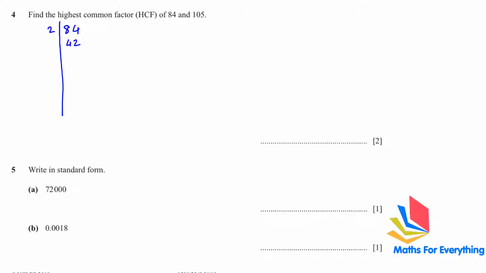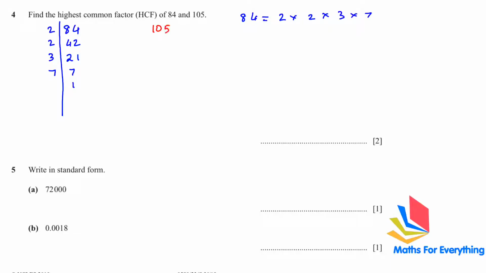Can you divide 42 by 2? Yes, and the answer you will get is 21. Now 21 you cannot divide by 2, so we will use the next prime number, which is 3. 21 divided by 3 is 7, and 7 divided by 7 is 1. So the prime factorization of 84 is 2 multiplied by 2 multiplied by 3 multiplied by 7.